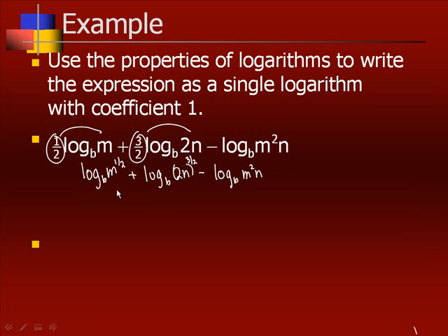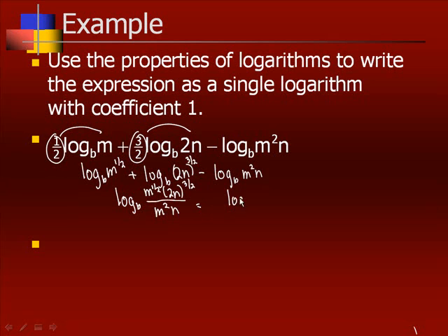So this one, because this is a plus, that means those were multiplied. So we've got the log base b of m to the 1/2 times 2n to the 3/2. The minus means we're going to divide by m squared over n.